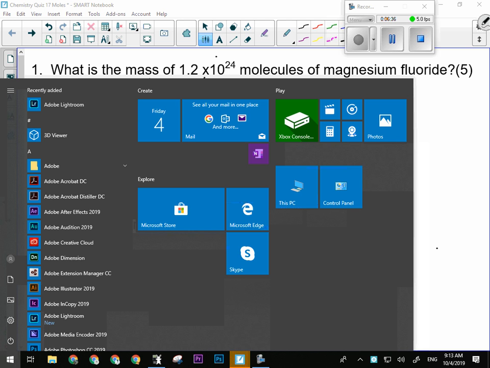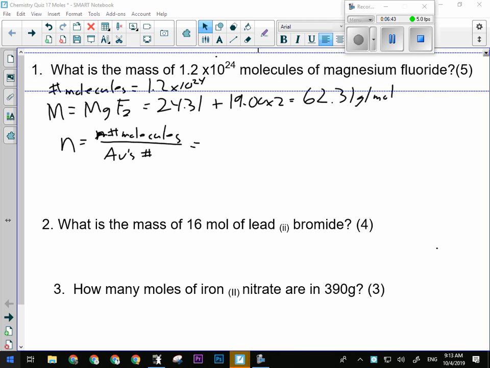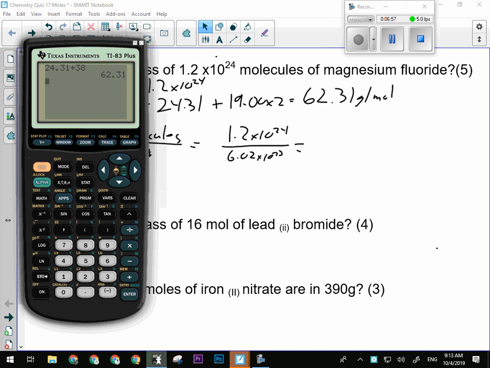So we've got 1.2 times 10 to the 24 divided by 6.02 times 10 to the 23. We're looking at 1.99 moles.